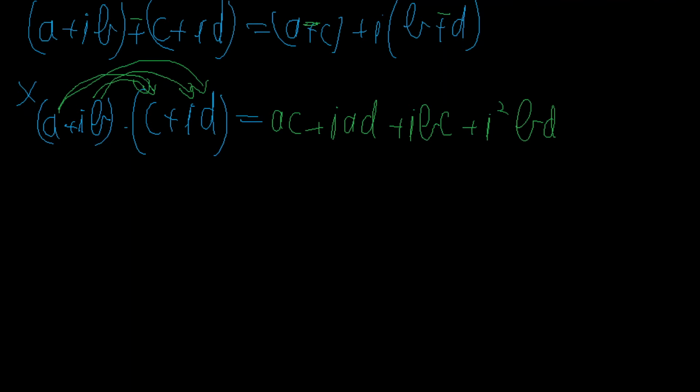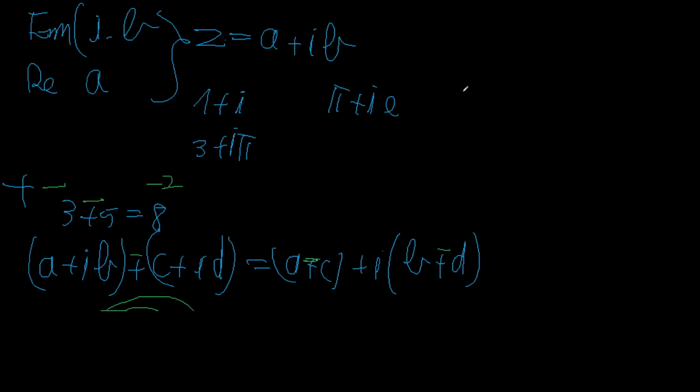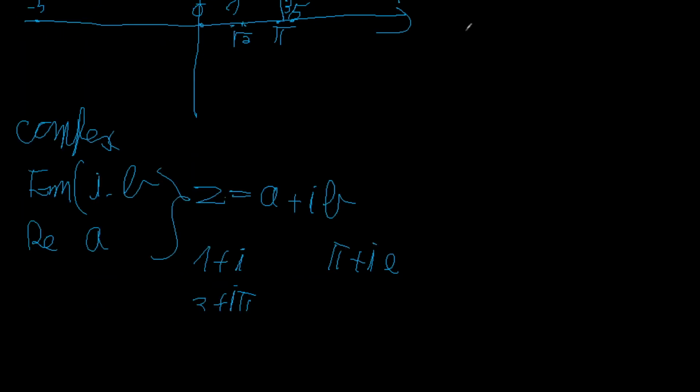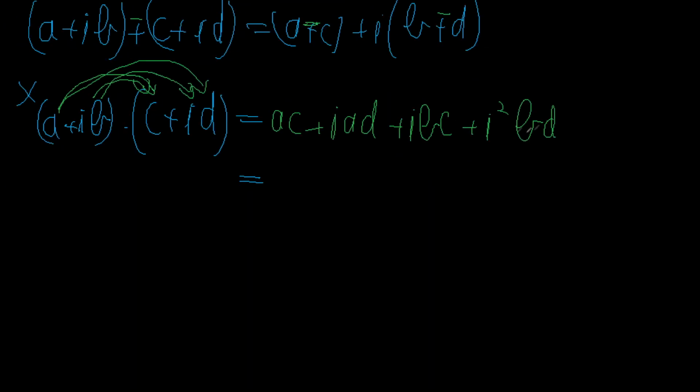And what this will become, you'll see, because we have this i squared here. And what we knew from before, it's the definition of i squared, it's minus 1. So we can rewrite this as minus bd.